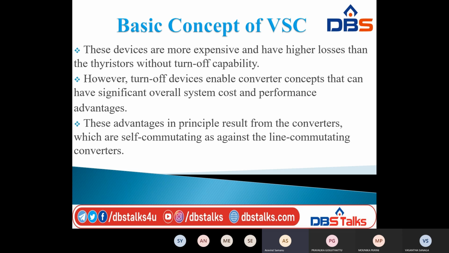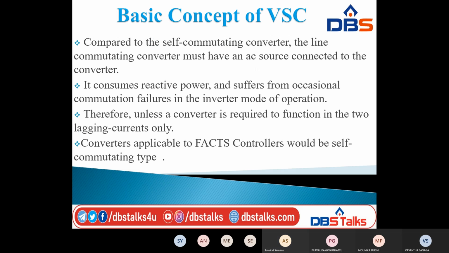Compared to the self-commutating converter, the line-commutating converter must have an AC source connected to the converter. Why? Because it consumes reactive power and suffers from occasional commutation failures in the inverter mode of operation.